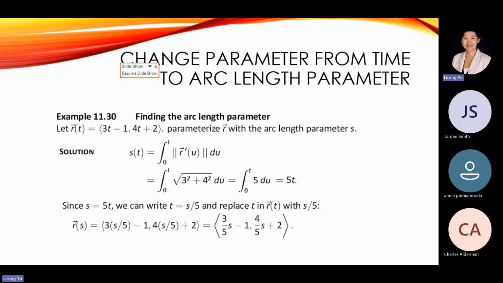And therefore those t can be replaced by a formula of s. And the original formula becomes something that has s as a variable, and then we finish our conversion. I hope that makes sense. Any questions? All right, so that was one.